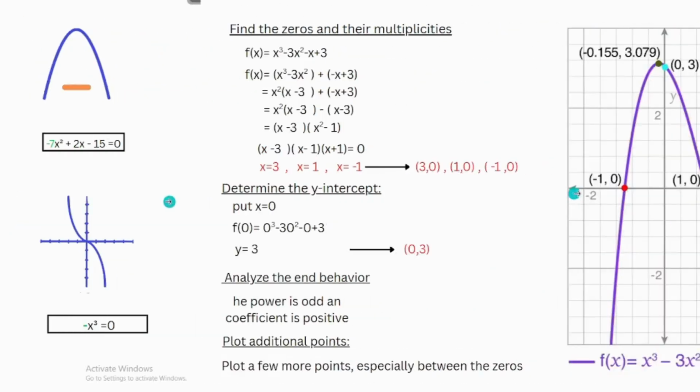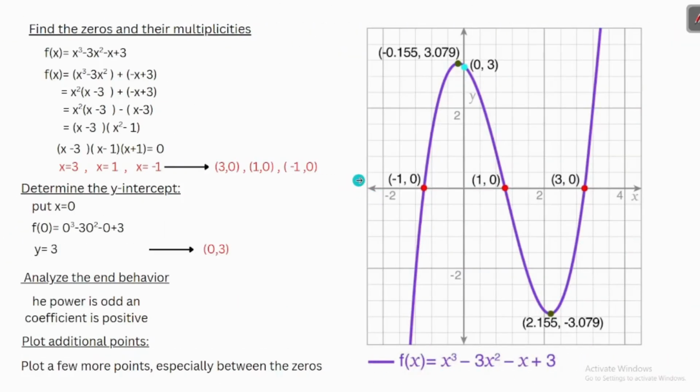We will see here this example, we will try to graph the function x cubed minus 3x squared minus x plus 3. We have steps to graph any function. The first step is to find the zeros of the function.